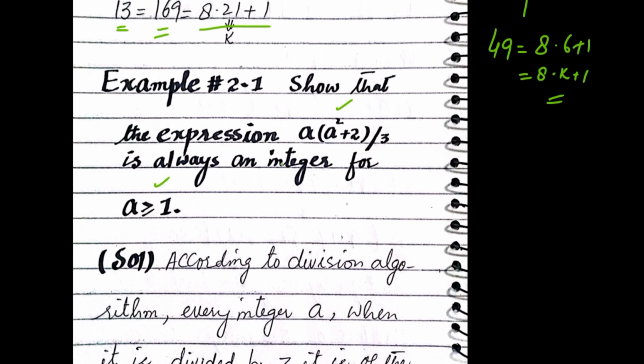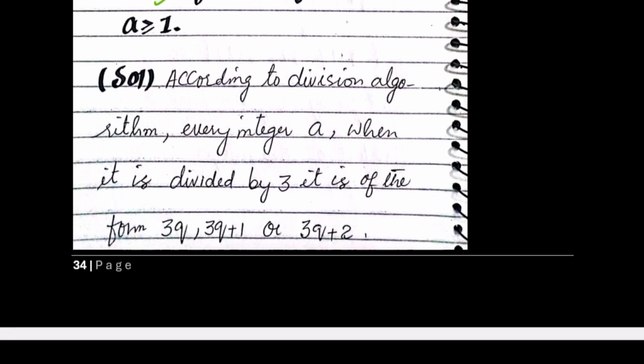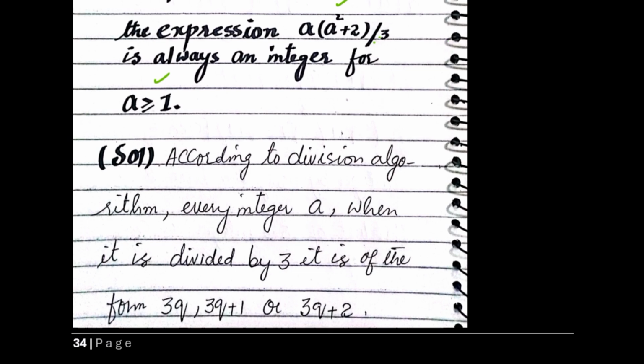You can prove it by mathematical induction, but we will prove it here by the division algorithm. As the denominator of this fraction is 3, according to the division algorithm every integer a is of the form 3q, 3q + 1, or 3q + 2.